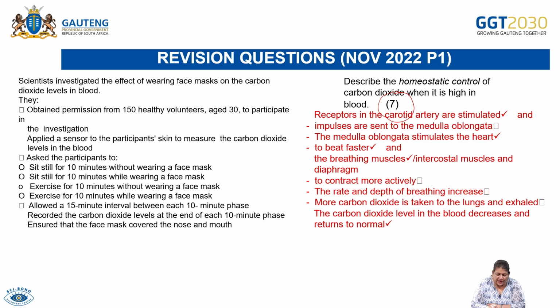Okay. More carbon dioxide is taken to the lungs and exhaled. And the carbon dioxide, you have to say this at the end, children. It can be a compulsory mark. And then the carbon dioxide level in the blood decreases because you're exhaling more CO2 fast and returns to normal.